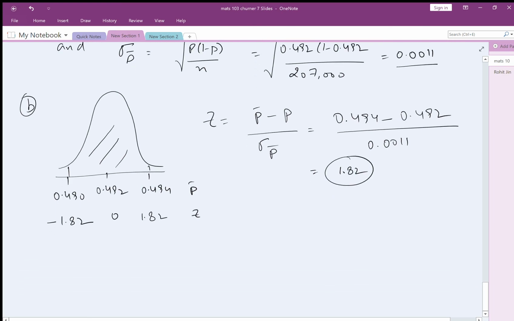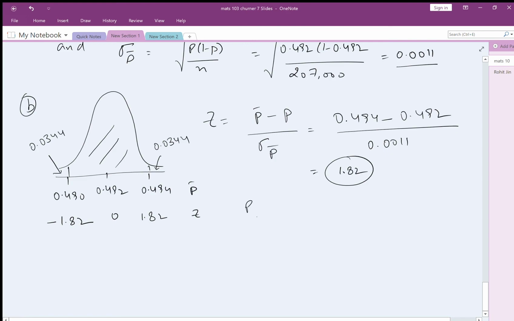Okay. Now if you look up the z-table, you will find the area to the left of negative 1.82 is 0.0344. So this means that the area here will also be 0.0344.